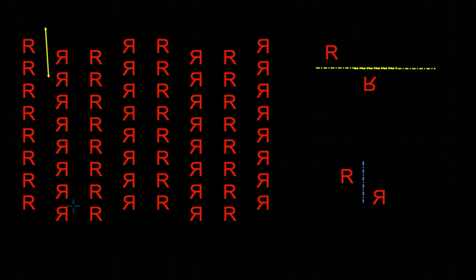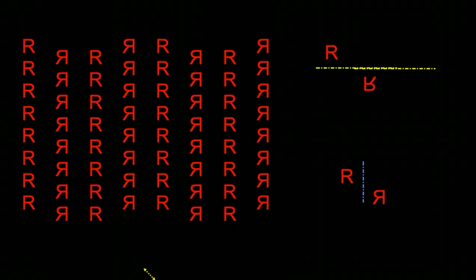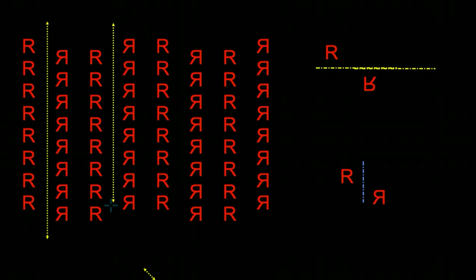Wait a minute. Let's check that again. Okay, so the first glide line is going to be a vertical line in there. And then we're going to have another one here, and we're going to have another one here.